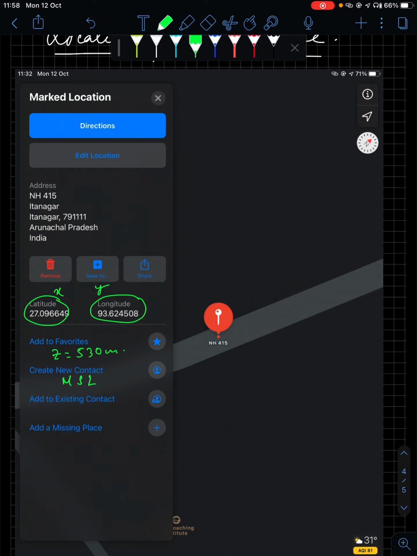Like Mount Everest, which is 8848 meters high. The measurement has started from some zero, and that zero is the sea level. For Itanagar, the mean sea level is 530 meters. You can just check Google to find out the height of your place in accordance with the mean sea level.